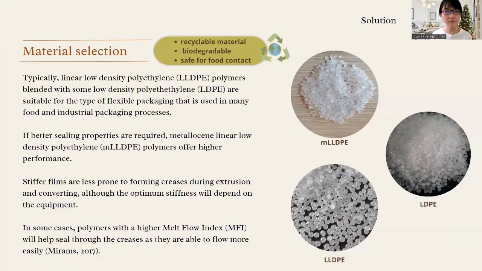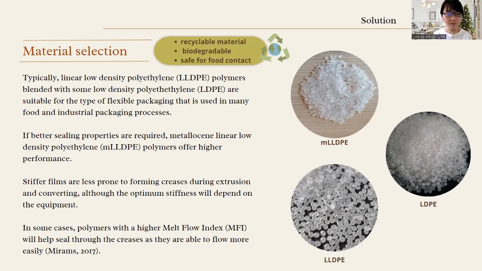Another solution is the material selection. Typically, linear low-density polyethylene (LLDPE) polymer blended with some low-density polyethylene (LDPE) is suitable for the type of flexible packaging used in many food and industrial packaging processes. If better sealing properties are required, metallocene linear low-density polyethylene (mLLDPE) polymer offers higher performance.